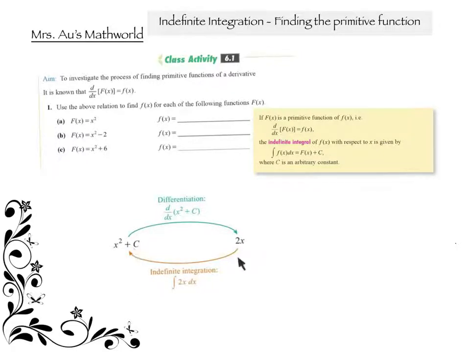But when we go back in this direction, we actually have no idea what the constant is, so we just call it an arbitrary constant. But in fact, we can have some more information so that we are able to find the primitive function. So how do we do it?